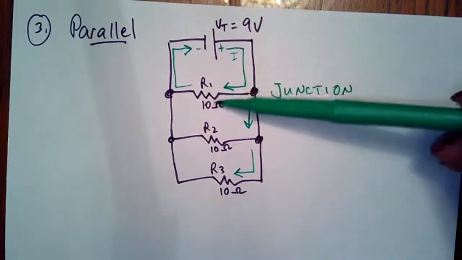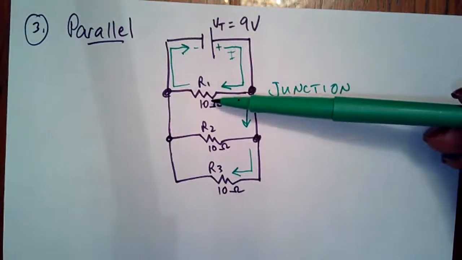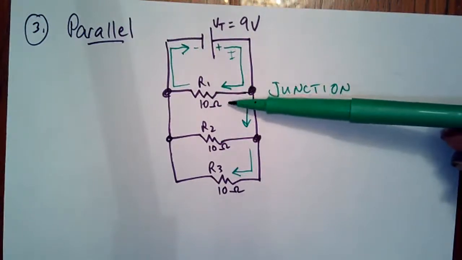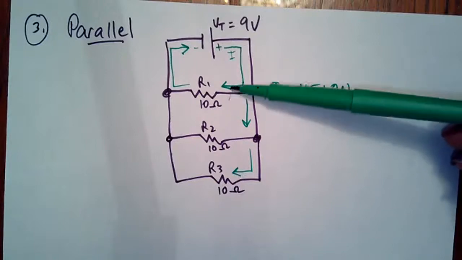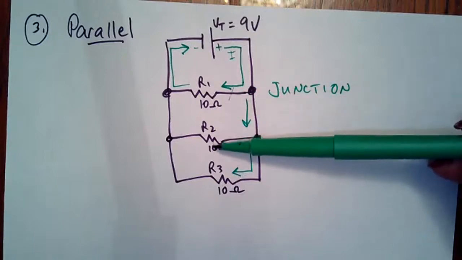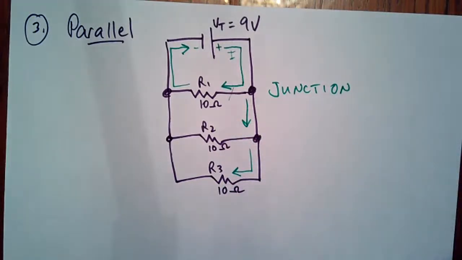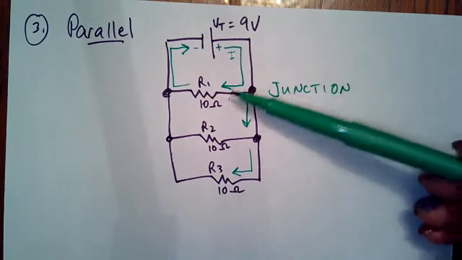If something goes wrong with R1, for example the light bulb goes off, or the wire is broken, or there's a switch that I put right here, R2 and R3 can still operate because there is more than one path to follow. The current is going to take different paths.